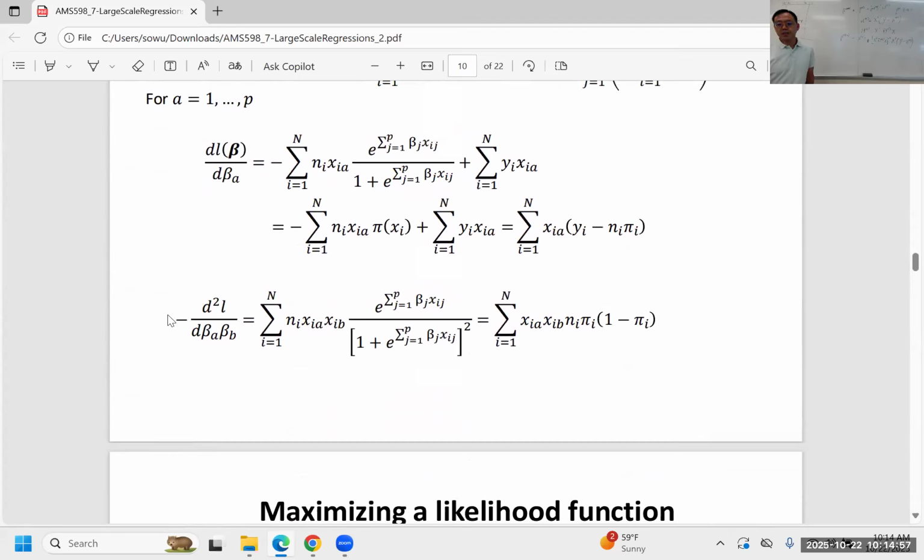I skipped this part: the Hessian matrix is equal to negative X transpose D_t X, which guarantees the Hessian is negative definite.